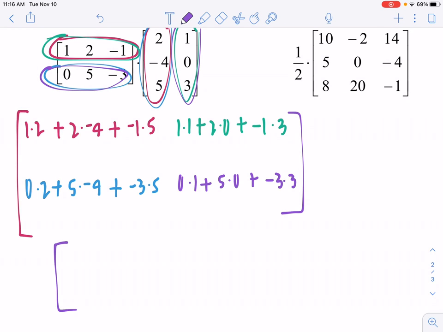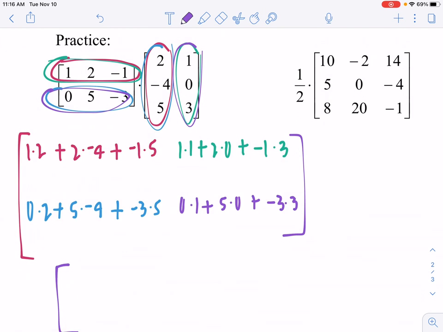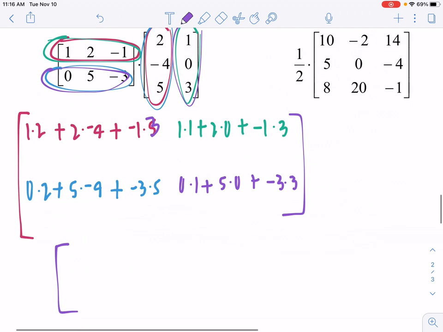So let's see. 2, negative 8, negative 5. Oh wait, I put a 5 there, that's a 3. Whoopsies, sorry. No, that is a 5. 2, negative 8, that's negative 6, negative 5, so that'll be negative 11.